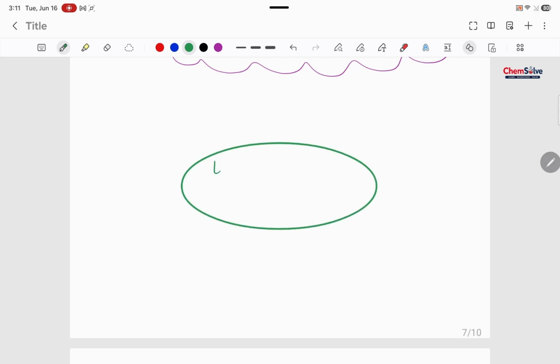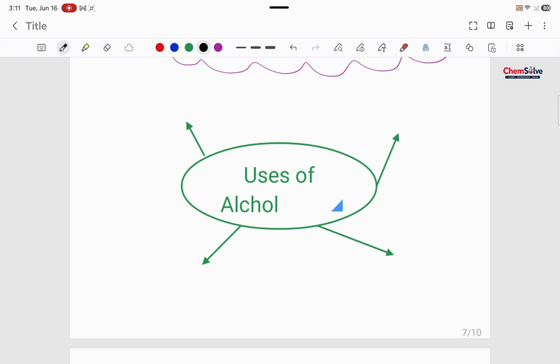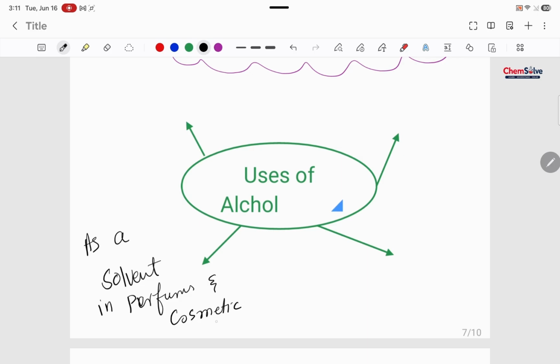All right. Now coming towards the last part of the lecture, and that is uses of alcohol. Okay, so alcohol is used as a solvent in perfumes and different cosmetic items.